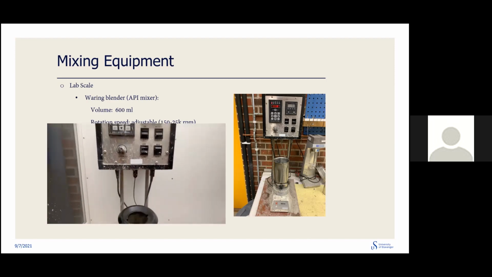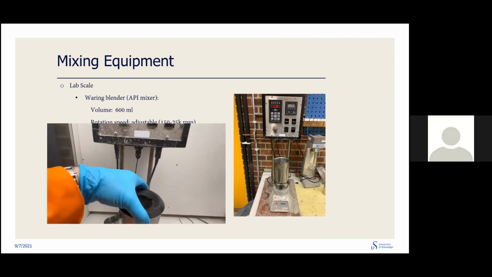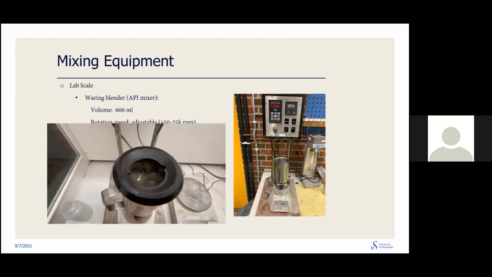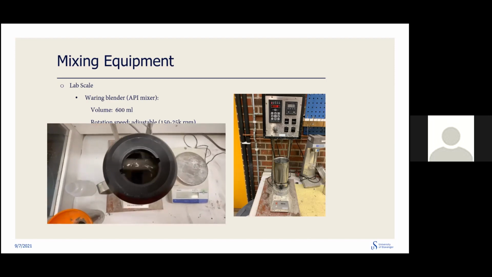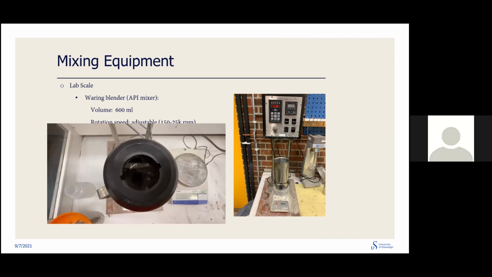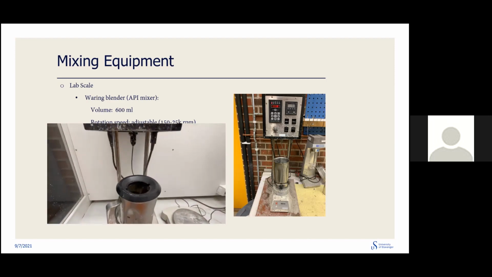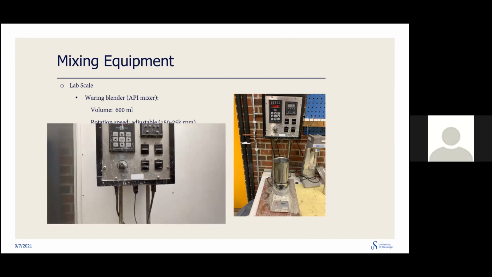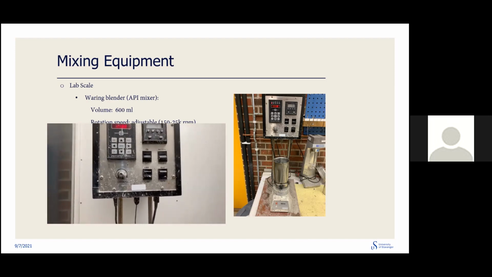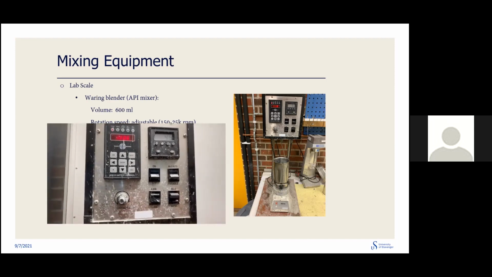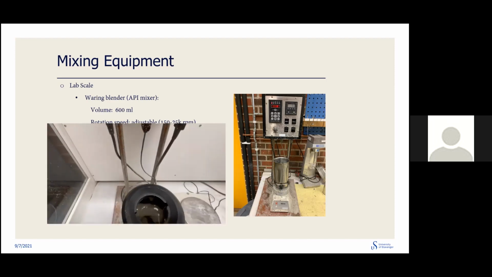And then you let it mix for another 35 seconds at 12,000 RPM. This is the RPM, 12,000, and this is the 50 seconds that should be mixed in total.